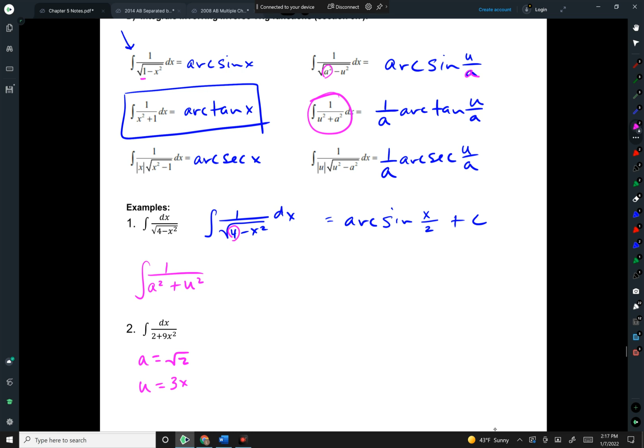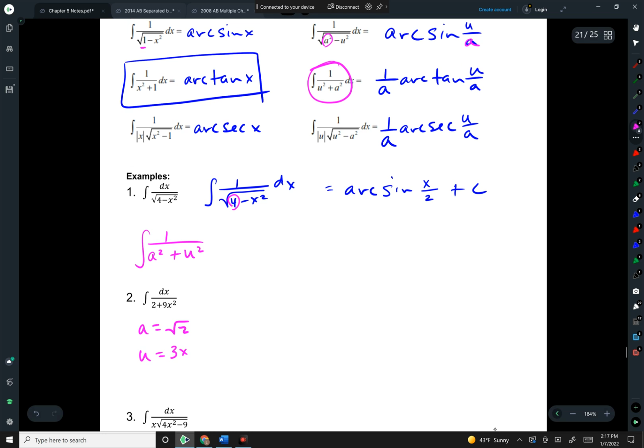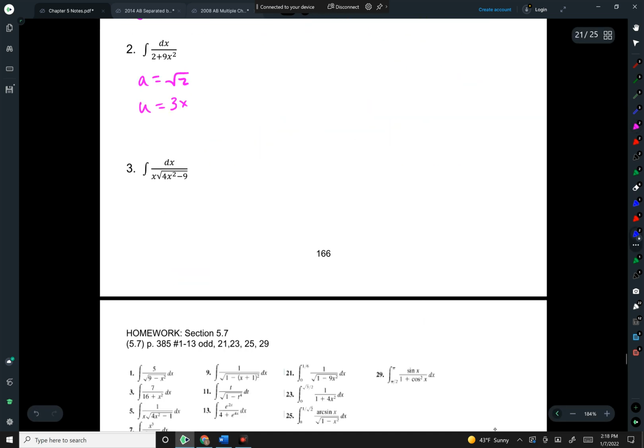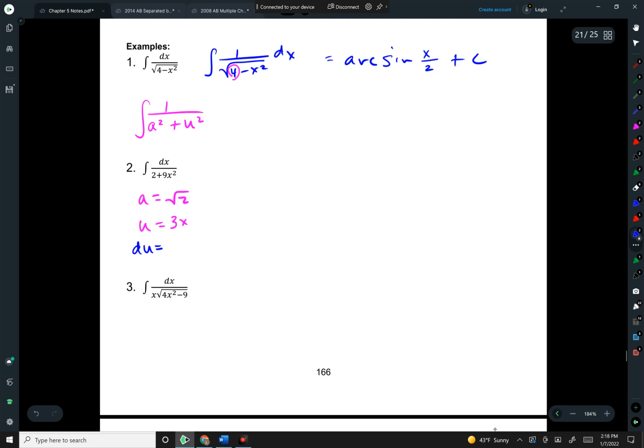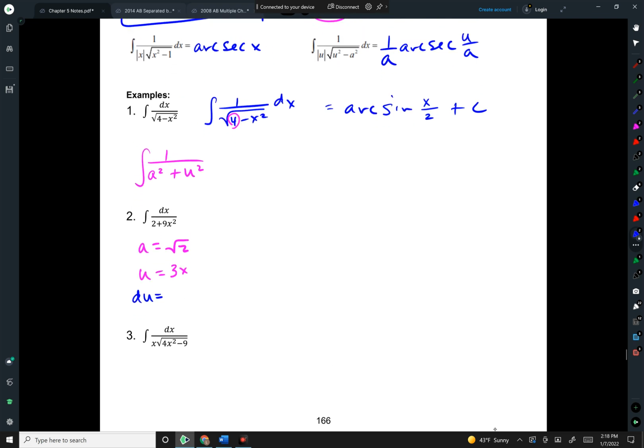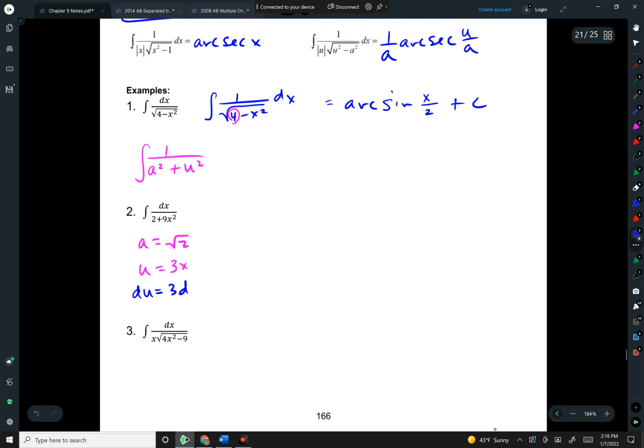Wait a minute. If I'm going to do a u substitution, I have to do the whole u substitution. I have to do the du and the dx. Everybody with me? In order to make this fit the pattern so that u squared is 9x squared, aren't I going to have to let u equal 3x? So if I go through the whole pattern, if u is 3x, whoops, I'm sorry, then du is what? 3 dx.